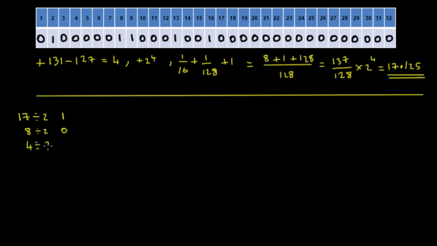We divide the 4 by the 2, and we get a value of 2, and there's 0 left over. We divide the 2 by the 2, and that gives us a value of 1, and there's 0 left over. 1 divided by 2, well, 2 doesn't go into 1, so we've got 1 left over, so that's the 1 at the end. And we can read it up this way, and that gives us a value of 10001.